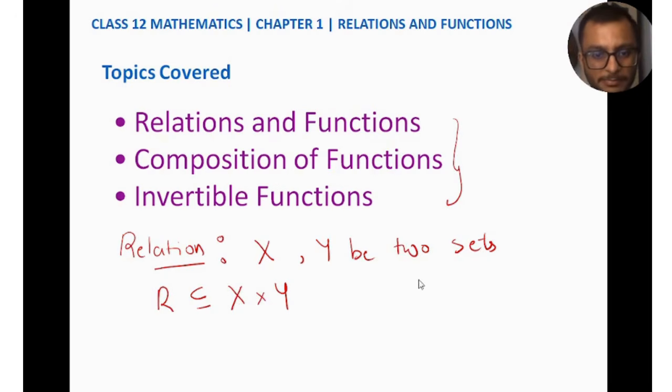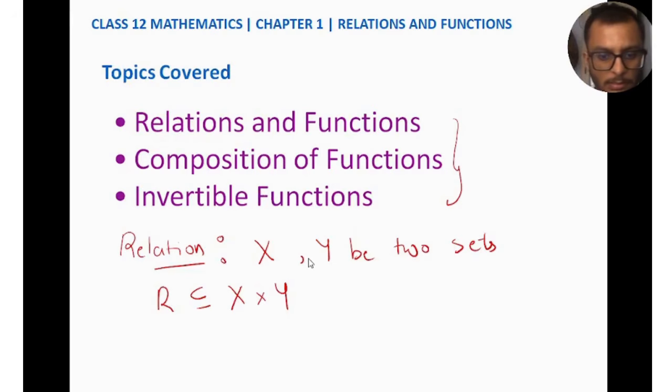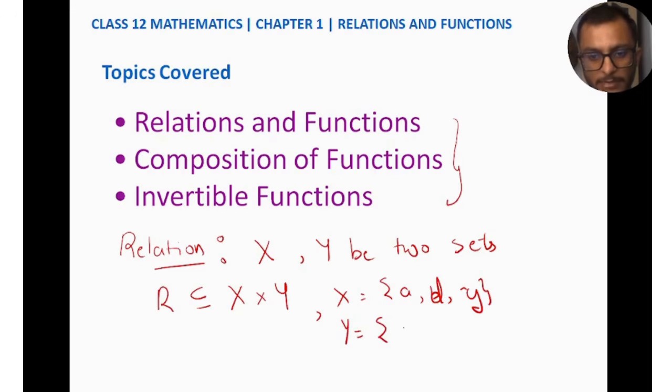Let me give you one simple example. Suppose we are having set X as A, B, A, D, and take Y as some names randomly, say Anisa, Deep, and so on.